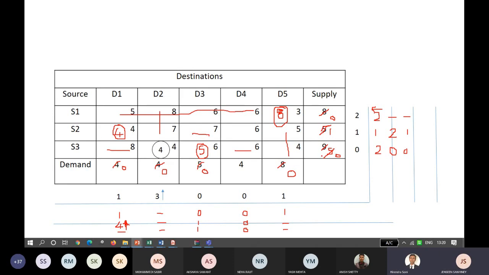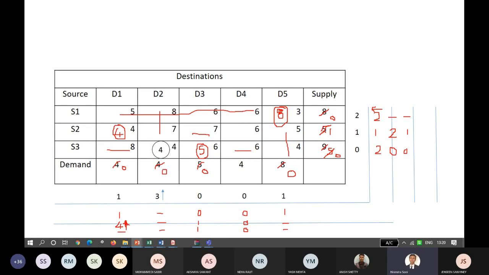So 8 plus 9 is 17. 17 plus 5 is 22. So what did we need to add? A row or a column. Total supply is 22. Total demand is 25. Sir, dummy row. Perfect. We needed to add a dummy row first. So you will add a dummy row first, then you will start working.